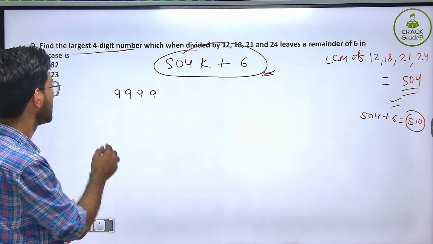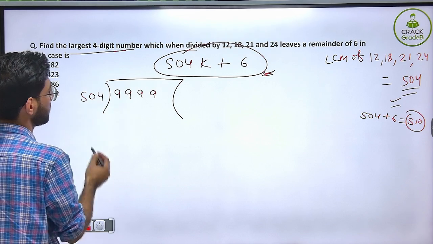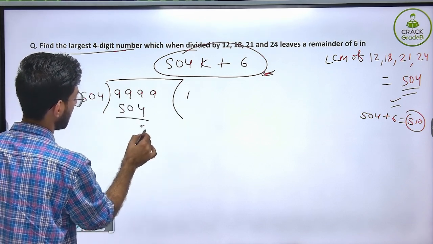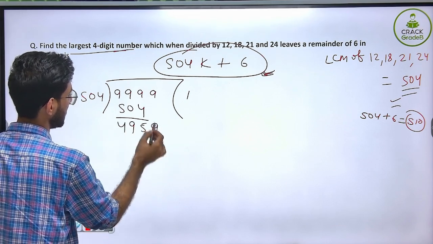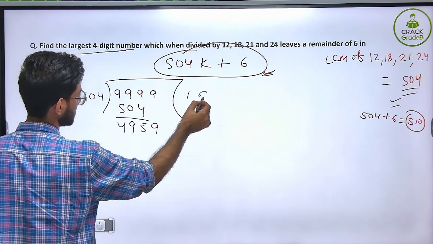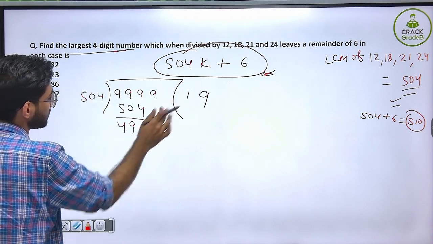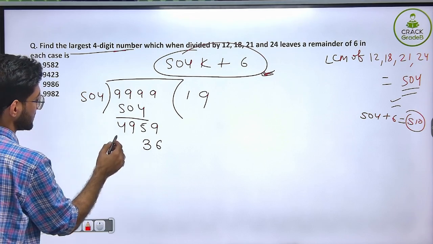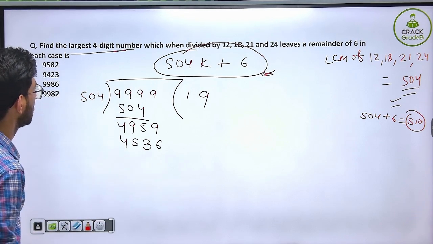9999, right? Let us divide it by 504. If you divide it by 504, so basically 504, 9 minus 4 is 5, 9495, then obviously 9. Okay, let us multiply 504 and 9. So what will we get? 4 into 9 is 36 and 5 into 9 is 45.